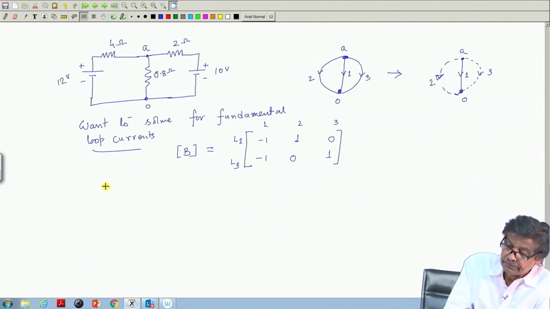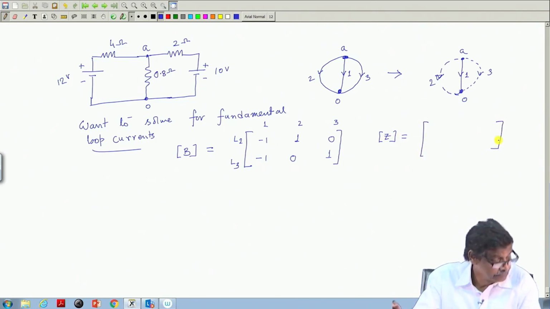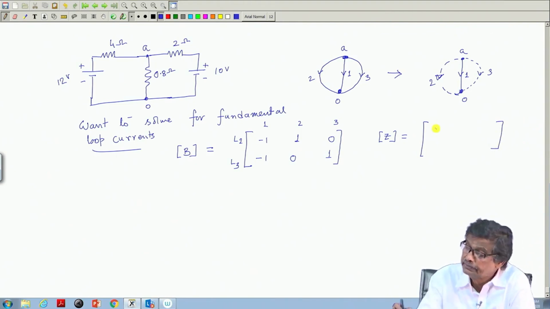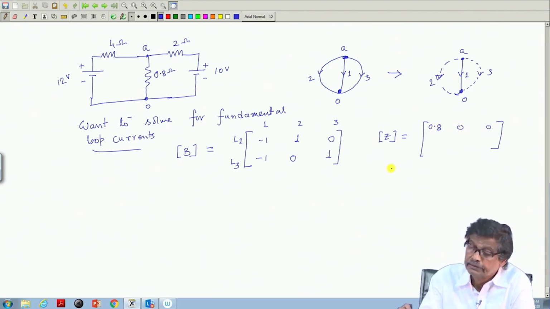Now, the Z matrix for this network will be simply a diagonal matrix and there are only 3 elements. For element 1 there is 0.8, so 0.8, others will be a diagonal thing.